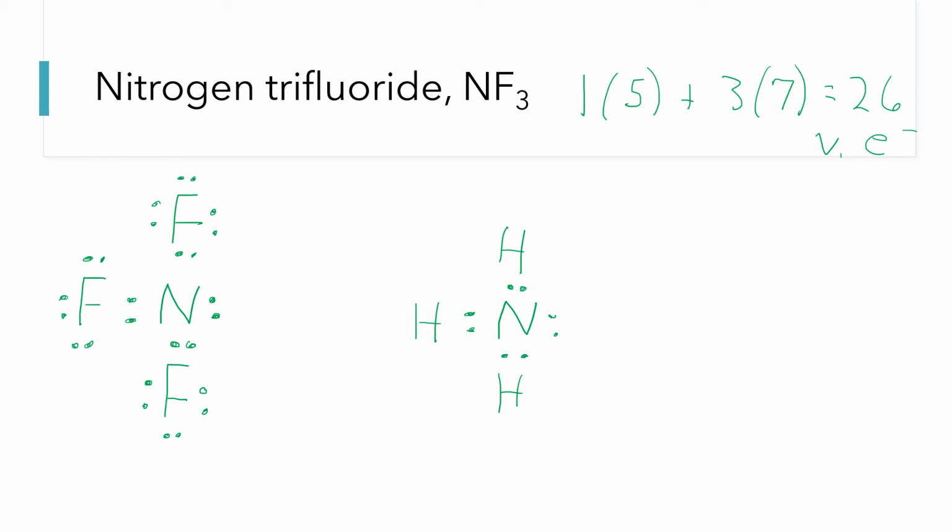They both have nitrogen in the middle, and what we've done is we've replaced each hydrogen with a halogen, fluorine. We can just, in general, do this. We can take hydrogen with its duet and swap it out with a halogen with its full octet.